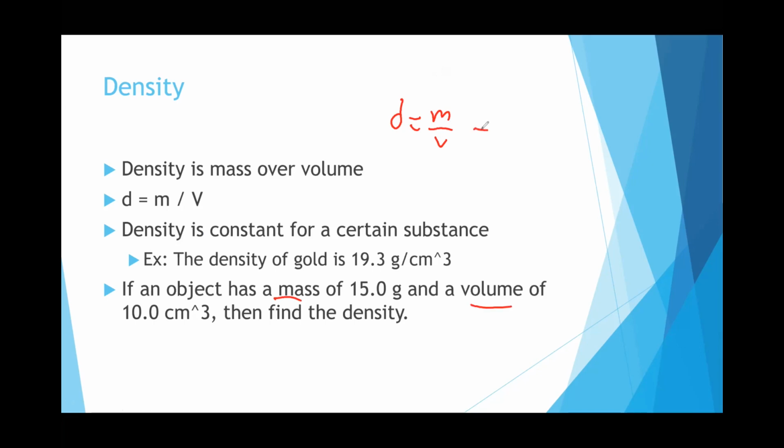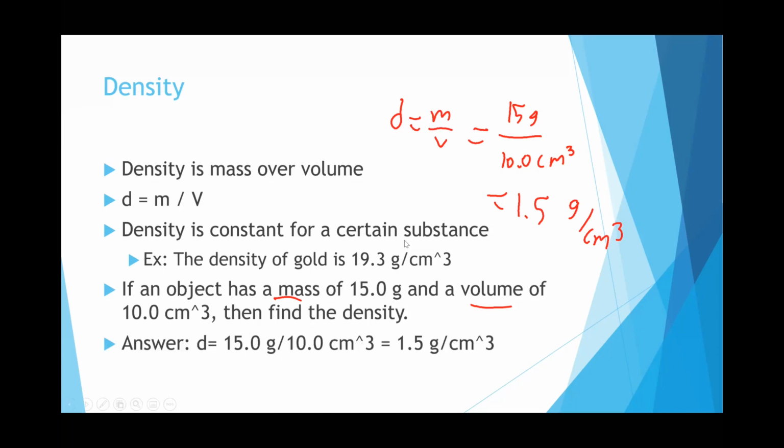We just plug and chug: the mass is 15 grams and the volume is 10 centimeters cubed. Put that in a calculator, you get 1.5 grams per centimeter cubed. It's that easy. There's not that much more to density questions.